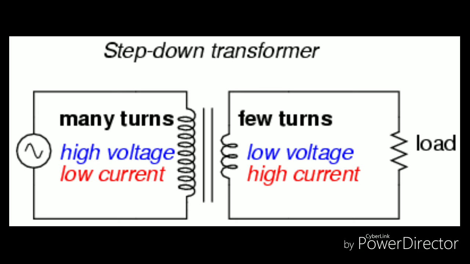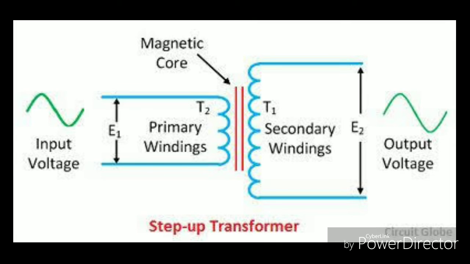So what is step up? A step up transformer delivers power through the windings, but the voltage generated in the primary winding is less than in the secondary winding.